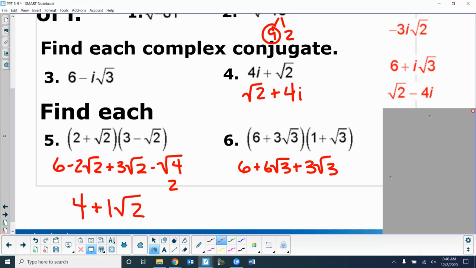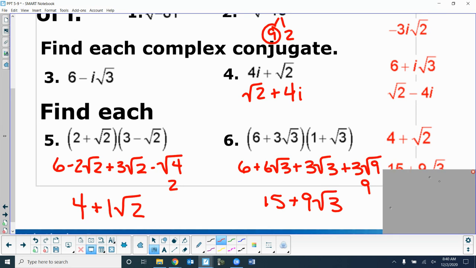And then 3 radical 3 times 3 radical 3 is like 3 with a 3, and then radical 9. What's the square root of 9? 3 times that 3 would be 9. So 6 plus 9 is 15, and 6 plus 3 is 9. Okay?